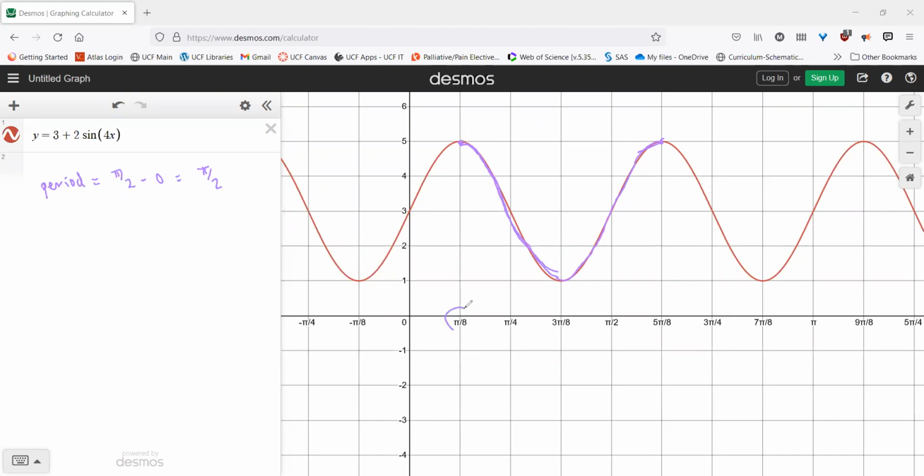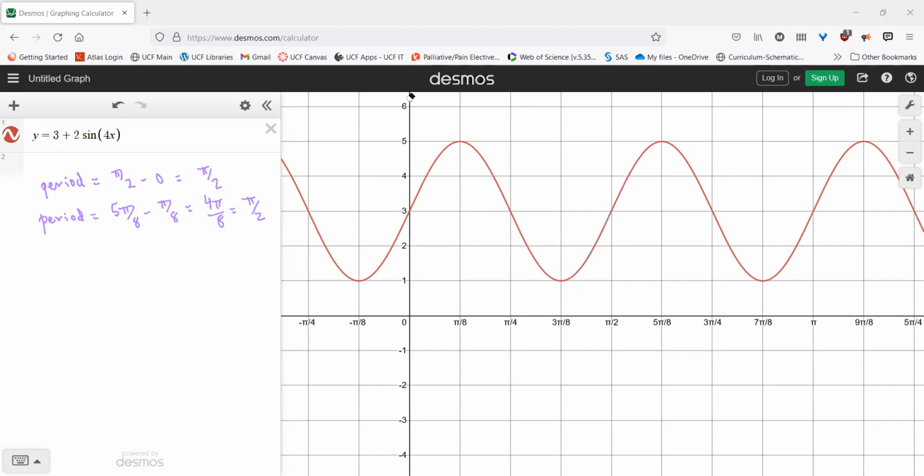And this gives me pi over 8 and 5 pi over 8. So let's see if we get the same value for the period. So we get 5 pi over 8 minus pi over 8 is 4 pi over 8, which is indeed pi over 2. Okay, so any 2 points that you pick on the graph, as long as they form one complete picture, will give you the period. Okay, so we can find the period from the graph.